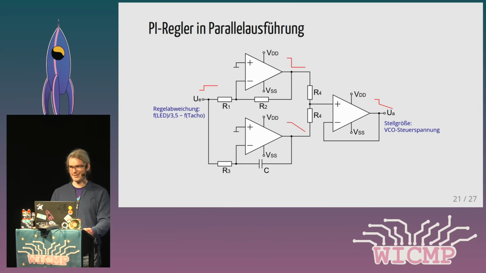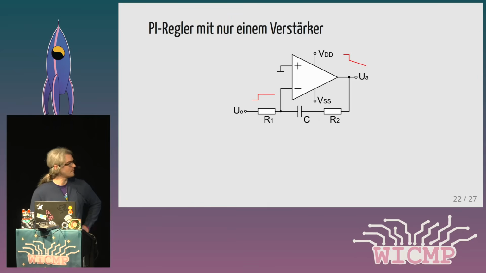Because we have quad op amps, we have to reduce the number of op amps we can use in our schematic. So we can implement a PI regulator with only one op amp. That's a combination of two integrators. If we short circuit this, we get an inverting one, and we get the integrating one in the other case, and both of the voltages have the same effect.